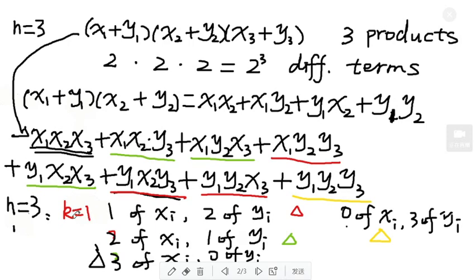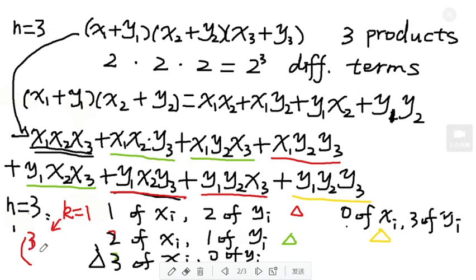So if k is 1, how many different choices can you choose? You can choose x1. You can choose x2. If you choose x1, you get this term. If you choose x2, you get this term. If you choose x3, you get this term. But they are all counted in the red color, right? How many? So that is n.